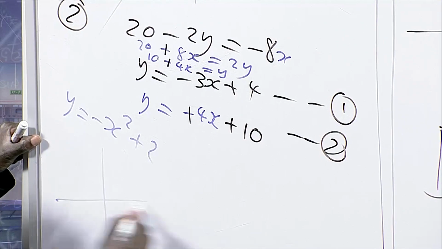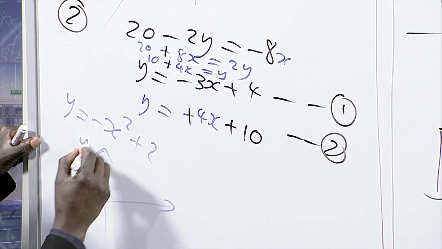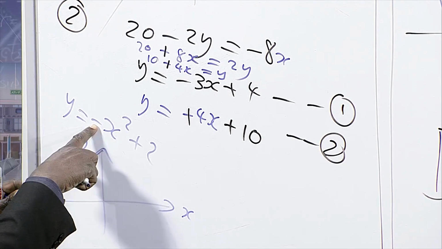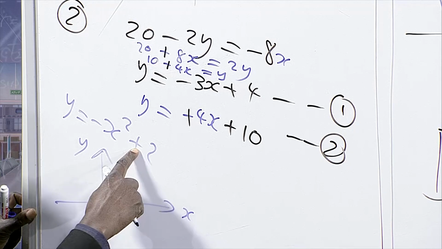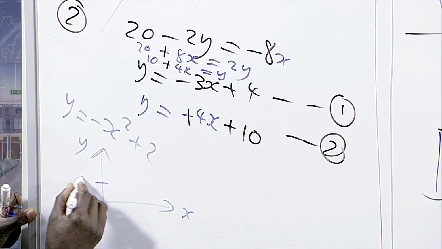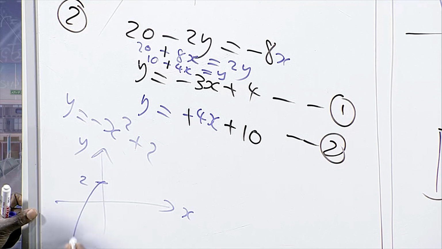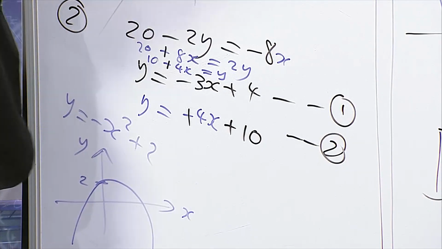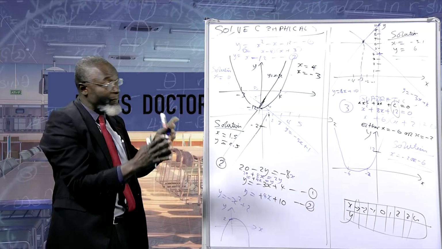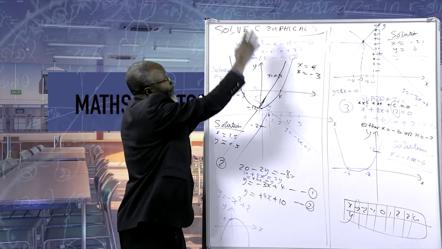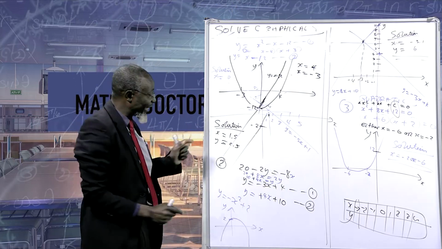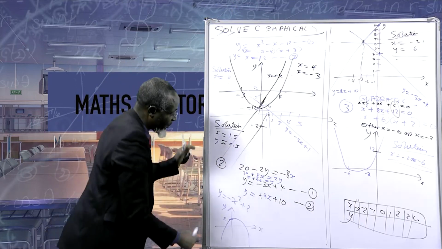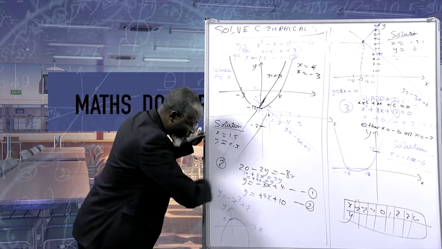It means the 2 will be here, and then it will cut here. It will go downwards, because it is negative here. You see how we determine? When it is positive, the gradient goes upwards, so it will go this way. And because it is negative this side, it will go downwards.